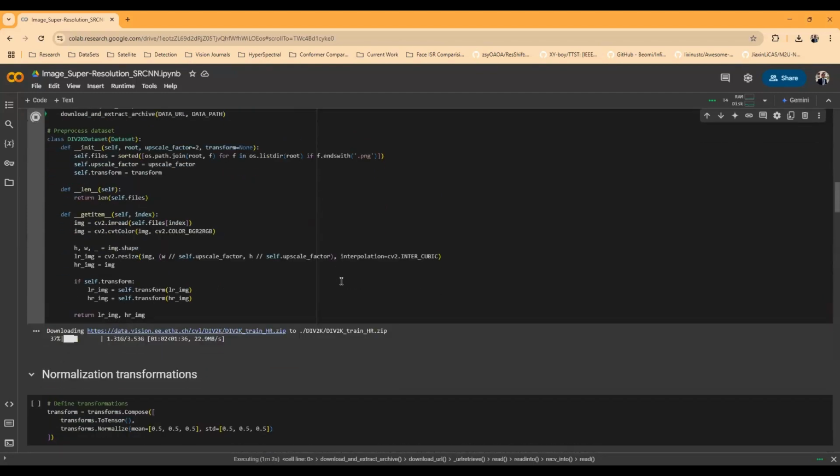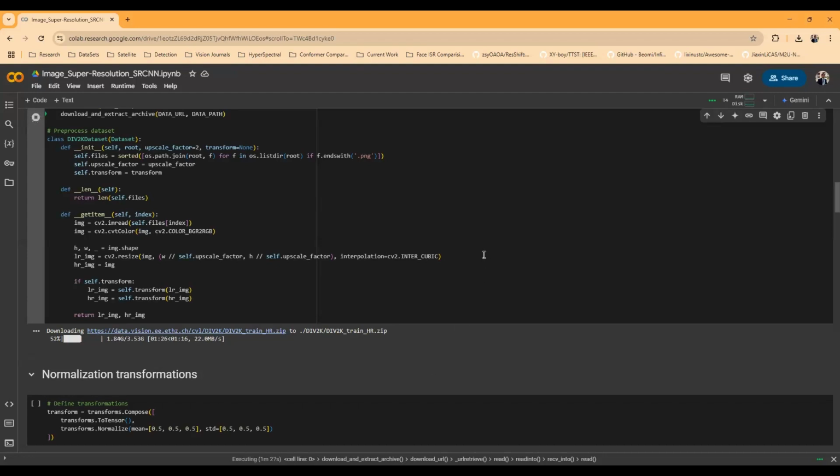So as I said earlier, this dataset is quite large, 3.53 GB. And the most advanced modern models also use the Flickr dataset, which is even larger in size.